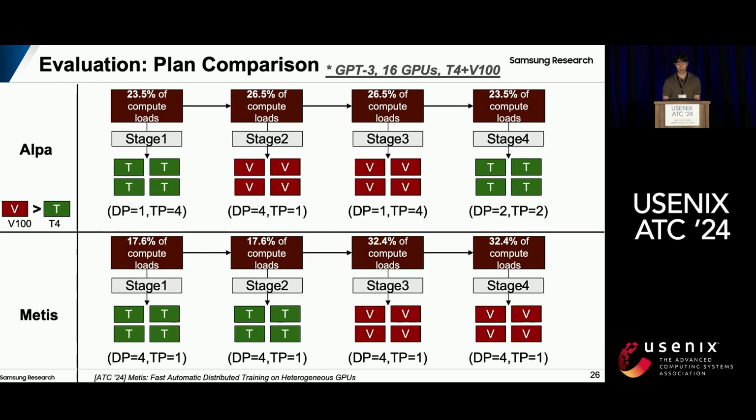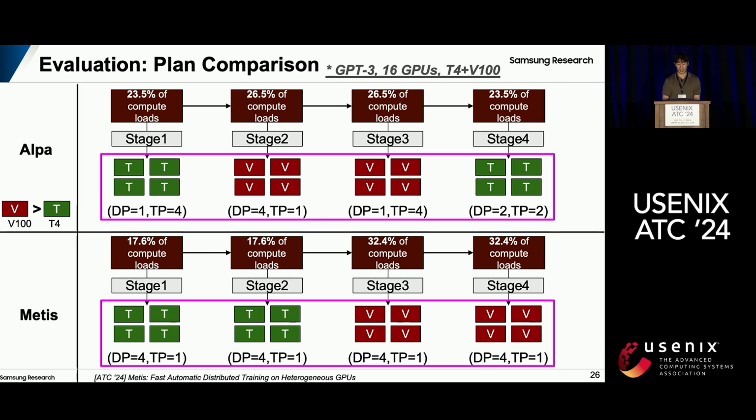So to show the detailed reason for the performance improvement, let's take a look at the best plan generated by Alpa and Metis for GPT-3 on 16 GPUs with T4 and V100 GPUs. The first difference between the plans is that Metis has a higher DP degree in intra-stage parallelism than Alpa, because Metis prefers data parallelism over tensor parallelism in the intra-stage plan.